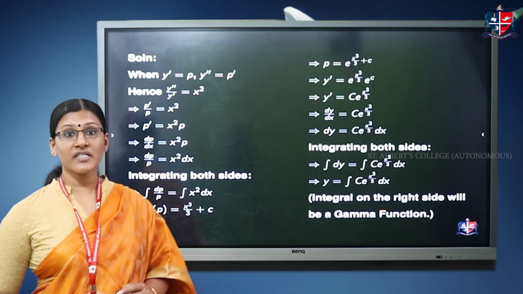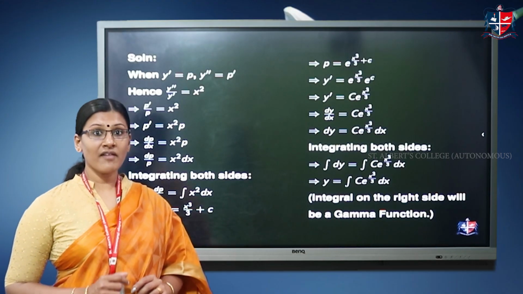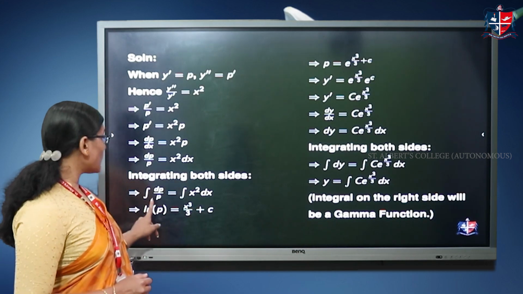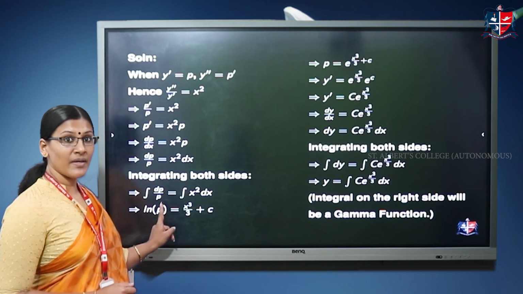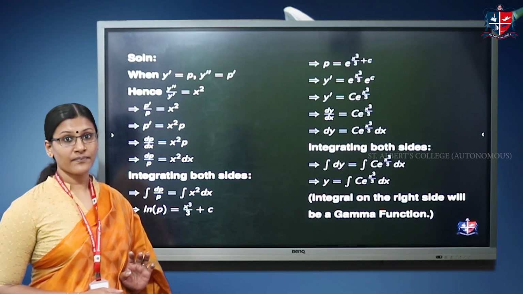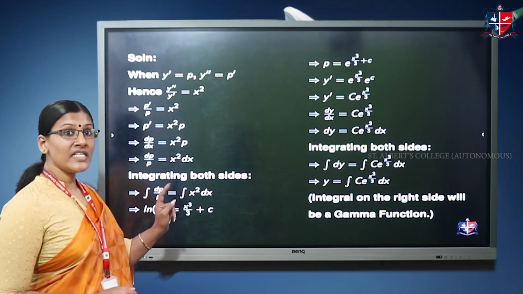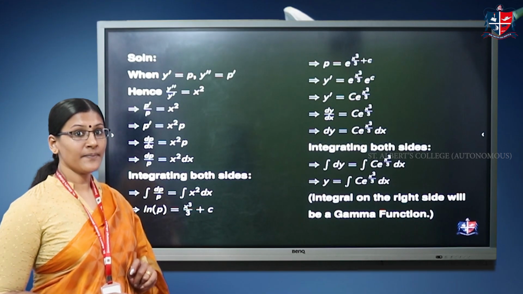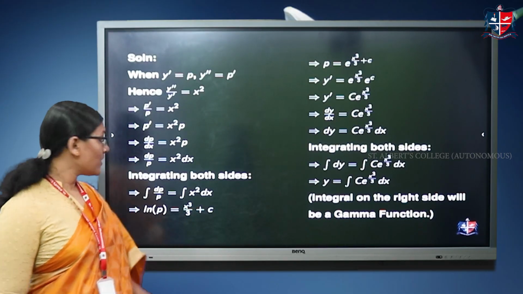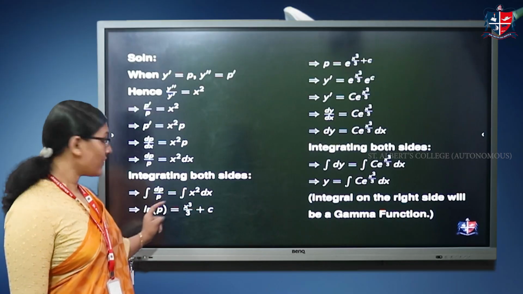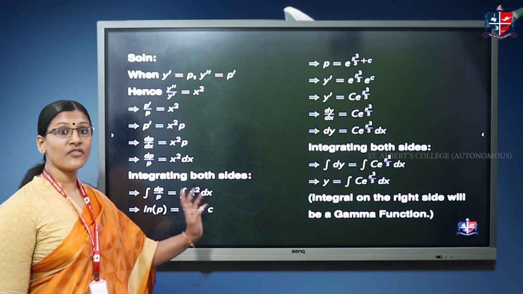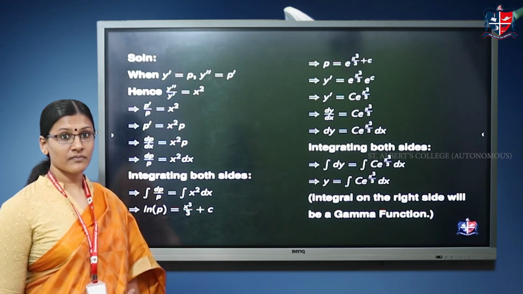That is, we have separated the variables. Once we have separated the variables, we integrate both sides. We get integral dp by p equal to integral x square dx. We know that integral of 1 by p is log p and integral of x square is x cube by 3. Integrating this equation, we get log p equal to x cube by 3 plus constant of integration c.